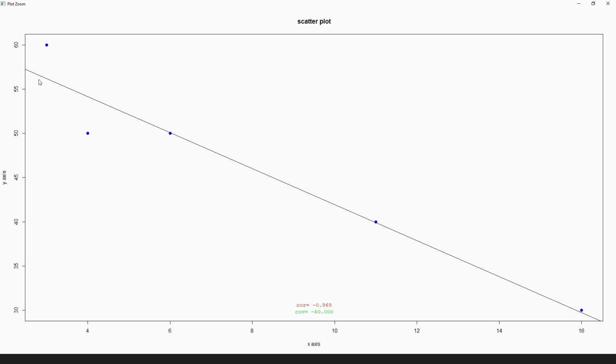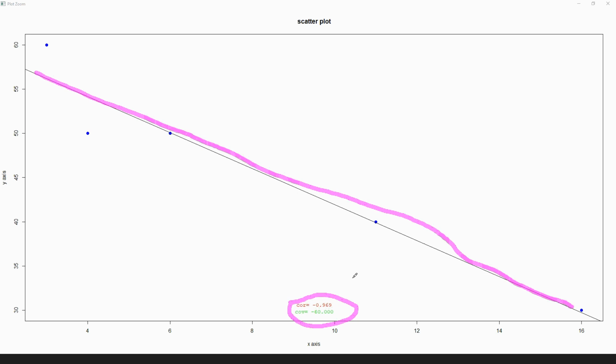In this sense, you can clearly see, with the straight line, that there is a strict negative relation between the x and y variables. And also, what we're going to do further is find the correlation and covariance coefficients.